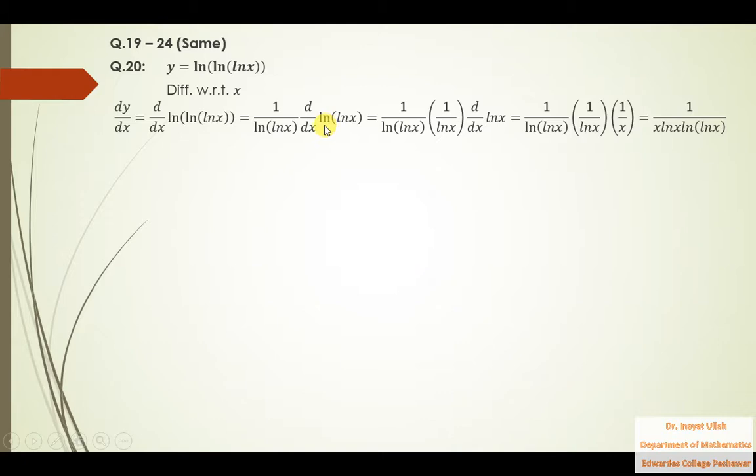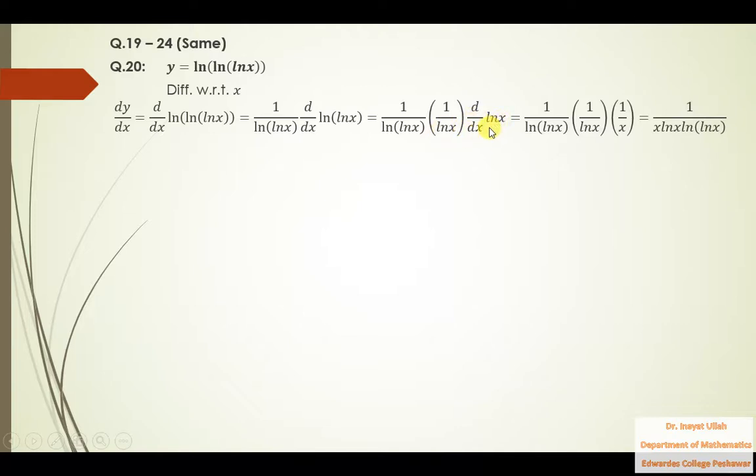Now again, this is the derivative of log of u. Now u in this case is log of x. The derivative of log of u is 1 by u, where u is log of x, into the further derivative of this u, log of x.